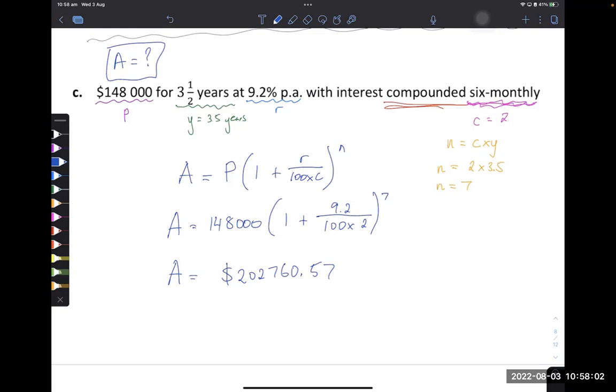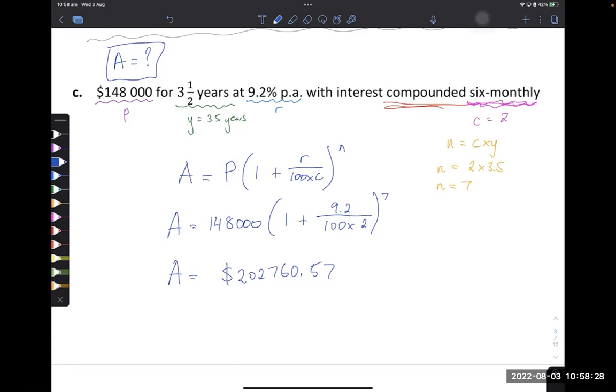So how much, let's call it profit. What's another word for profit or extra money? Interest. How much interest did we make over the 3.5 years? We made a fair bit, right? How do we calculate how much we have from 148K to this amount here?